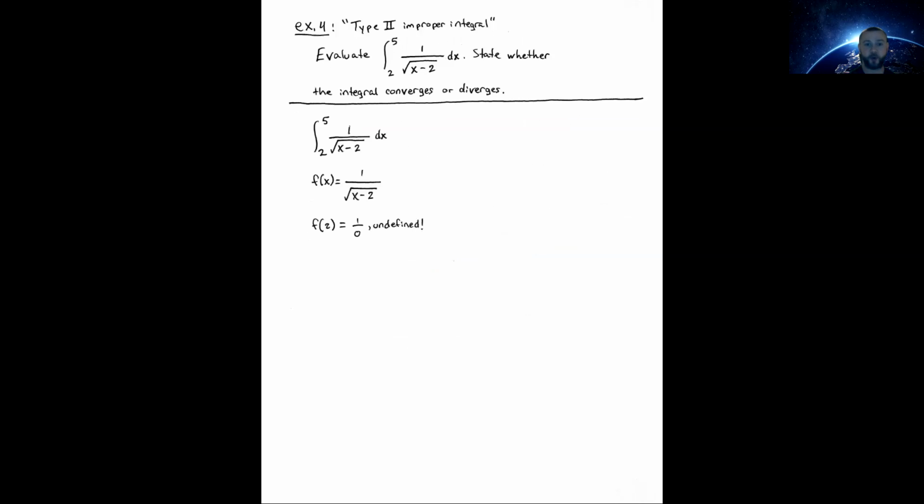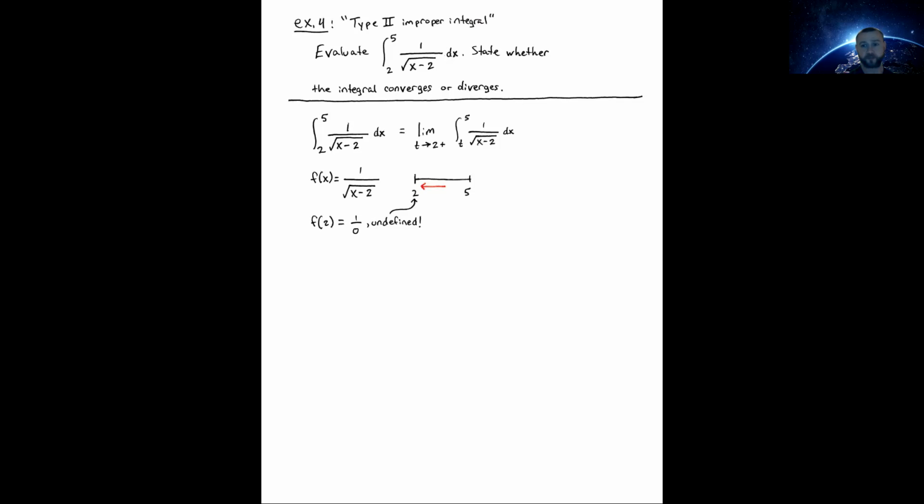If you were to plug 2 into that function, f of x is 1 over the square root of x minus 2. If you plug 2 in, you're left with division by 0, which is undefined. So we know there's a problem with the lower limit, x equals 2. So we're going to replace that lower limit with a variable t, and then we'll take a limit as t approaches 2 from the right side.